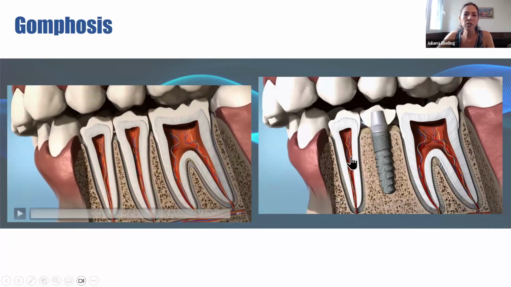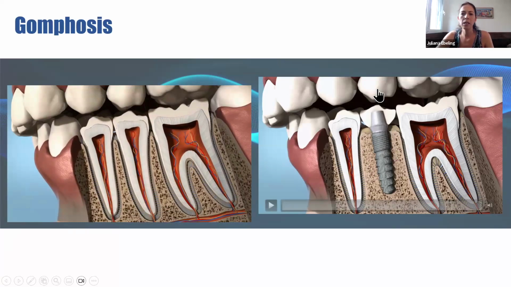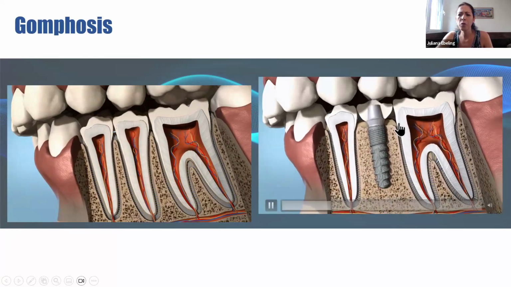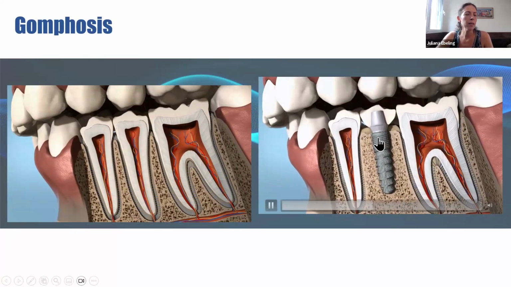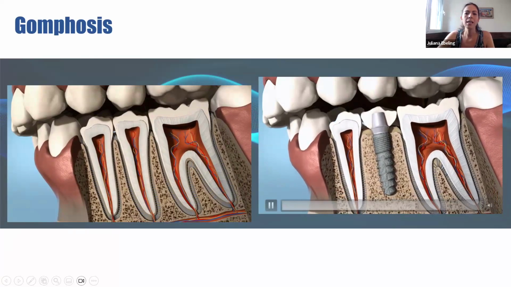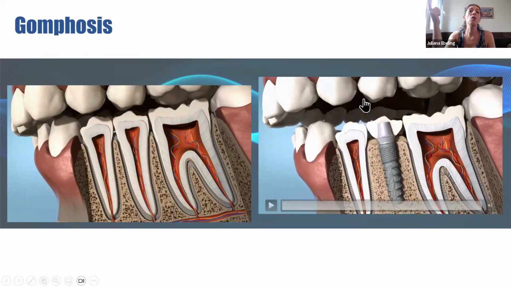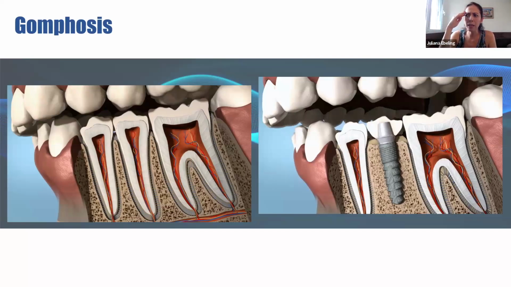But if I'm registering, for example, an implant with a tooth, I have to remember that this implant doesn't have movement, and this will be shown by OccluSense. And sometimes we need to adjust an implant crown, and the patient closes and closes and closes. It's always high.